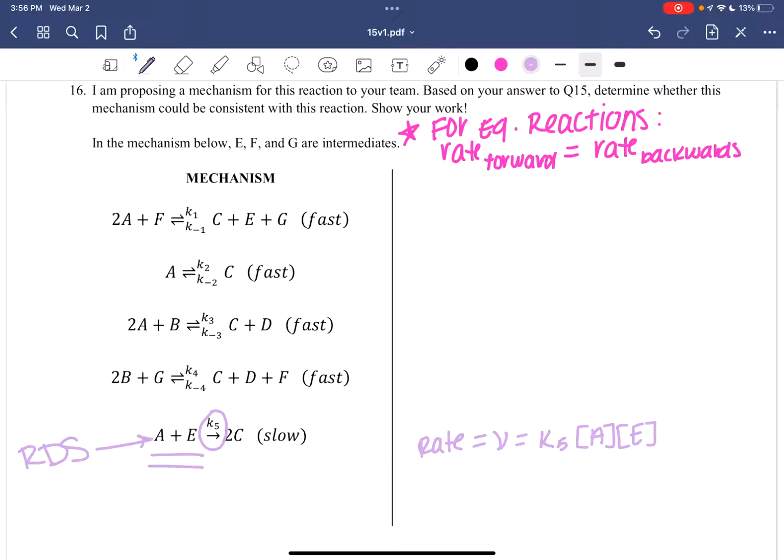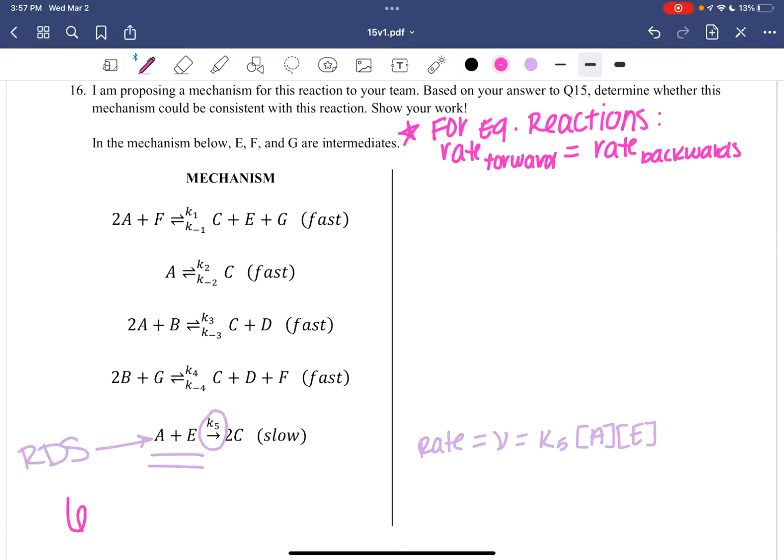The reason why we do the rate determining step first is because when we're writing rate laws, we only want reactants in our rate law. We don't want any intermediates or products. If you'll remember from earlier on in this worksheet, we had our overall reaction, which I'll just write in a different color.